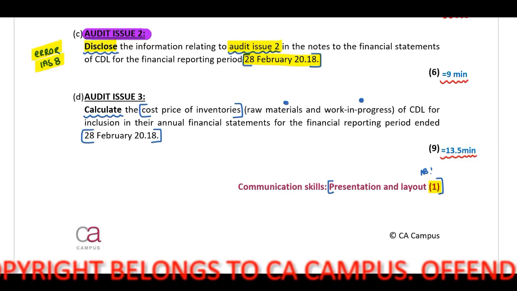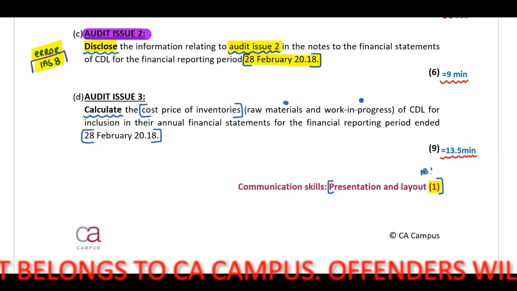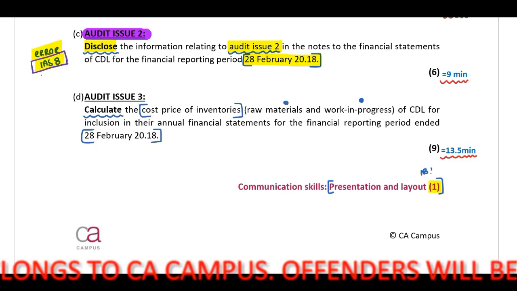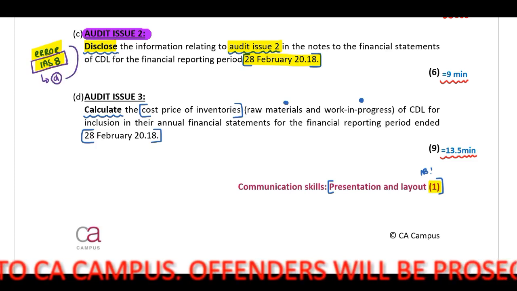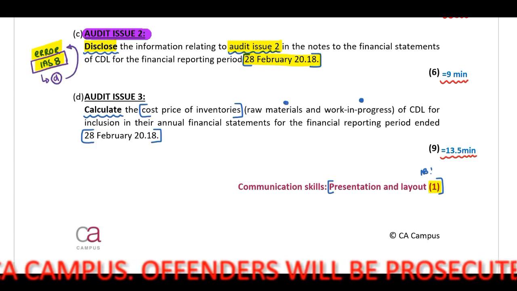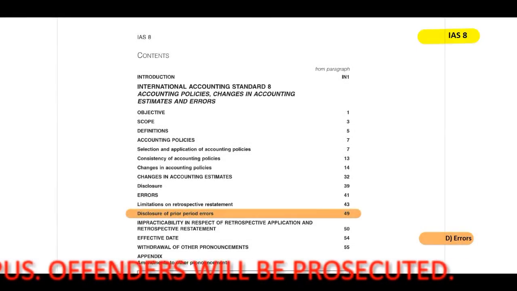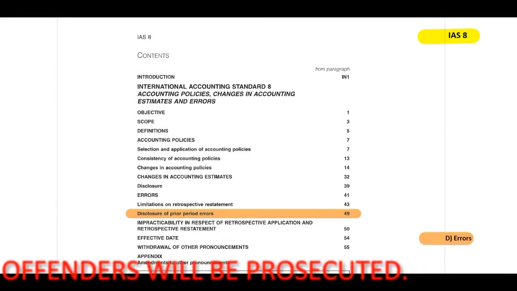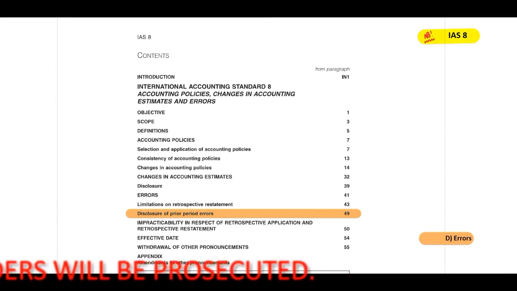My first step will be to open my IAS 8 standard, my contents page, and identify where the disclosure in terms of errors is. Therefore, please refer to your IAS 8 contents page. This is our contents page. Remember my recommendation, add your flag for you to be able to immediately open IAS 8.